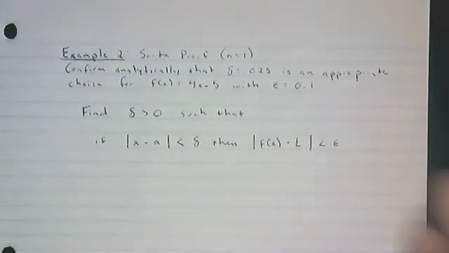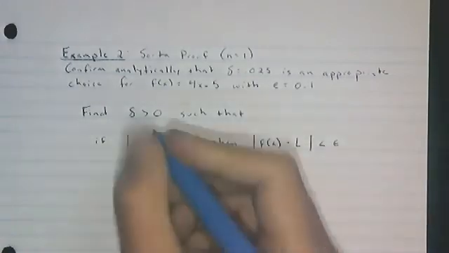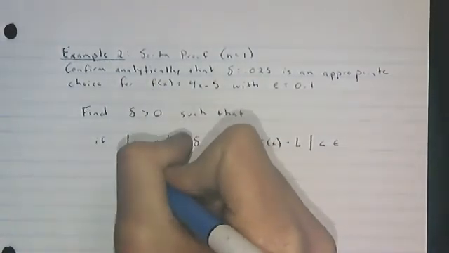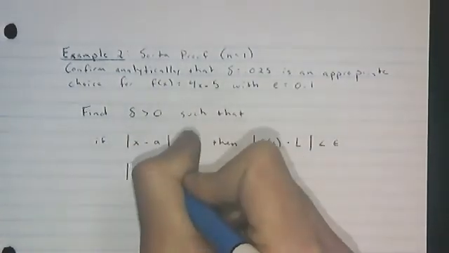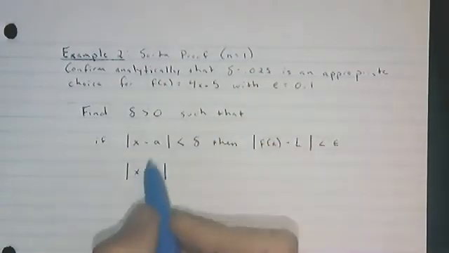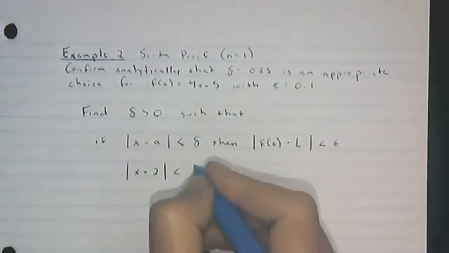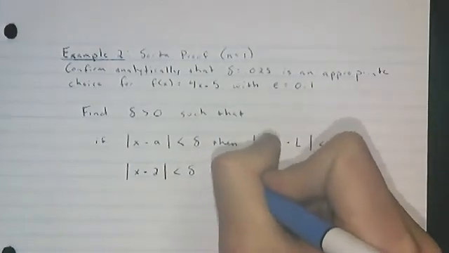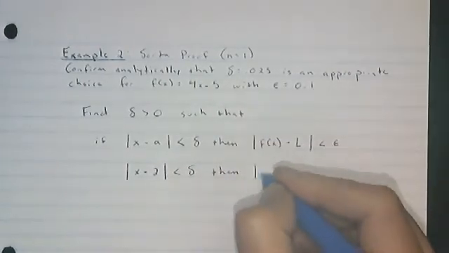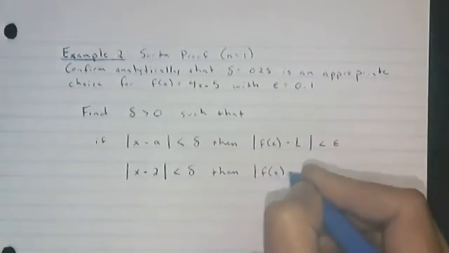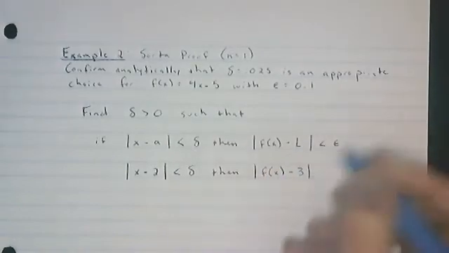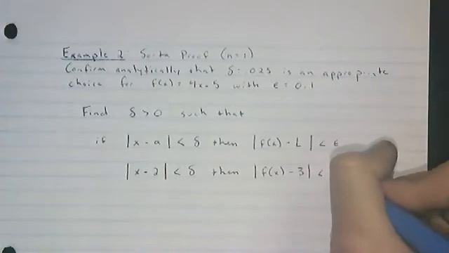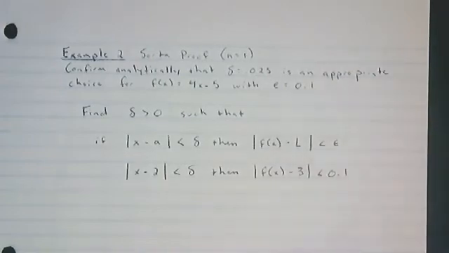Well, the specific one that we're looking at right here is that we want x to be sufficiently close to 2 so that our function values that spit out are within 1/10 of 3.